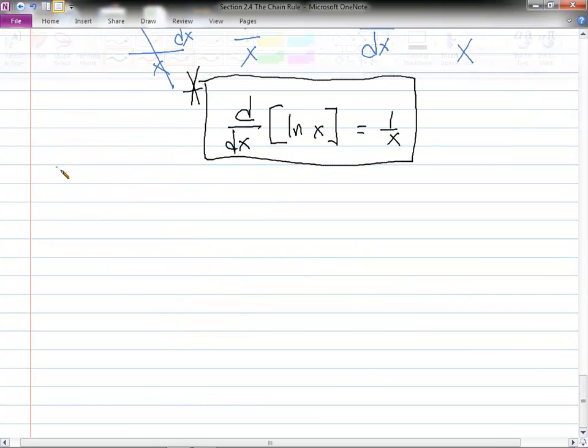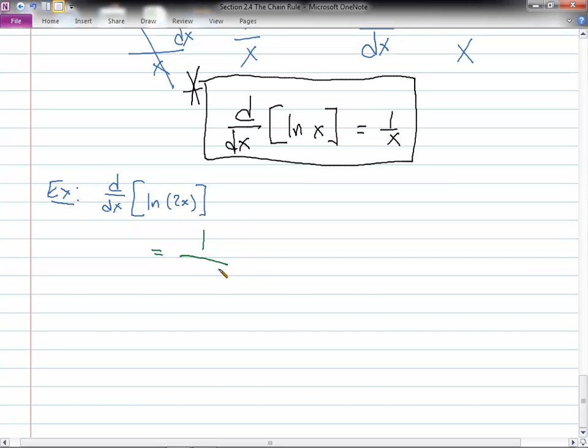Example, what if I had d dx of the natural log of 2x? This is the chain rule, right? So what's the derivative of the natural log of something? 1 over that something.